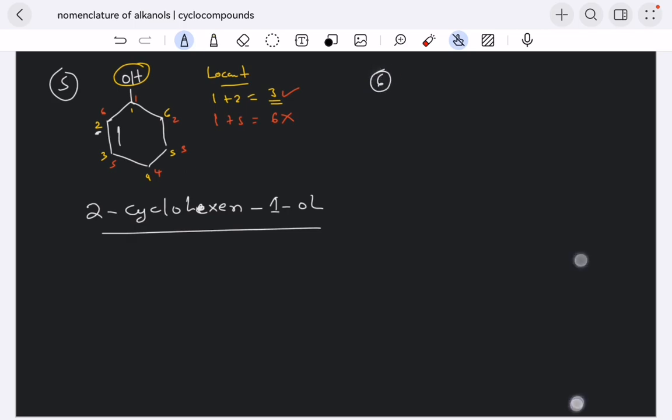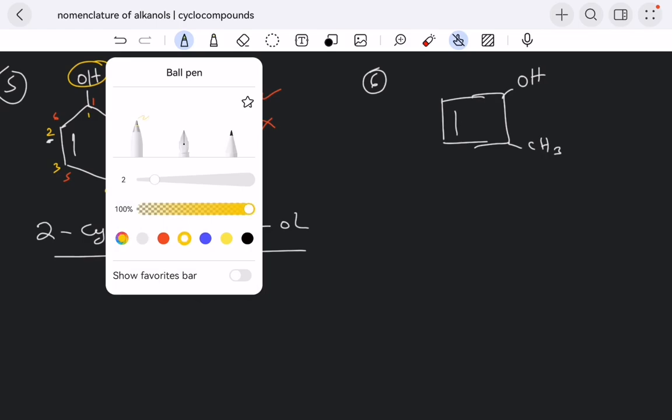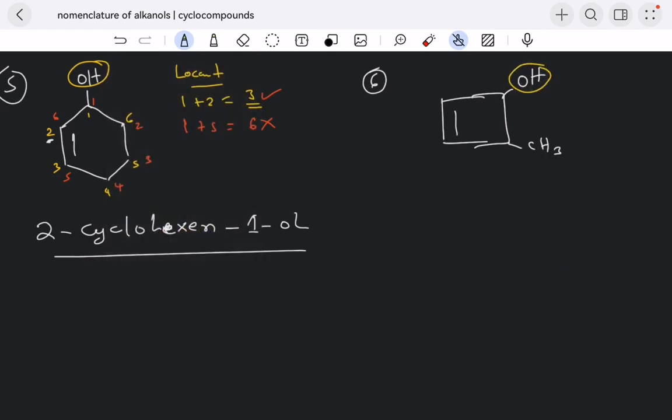Let's look at 6. Maybe we have something like this, and there's a double bond here. Sorry, there's OH there, and there's CH3. So how do you count for this one? So remember, you're going to look at priorities. So there's this, and then there's a double bond.